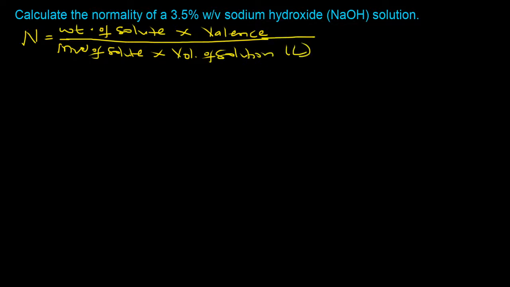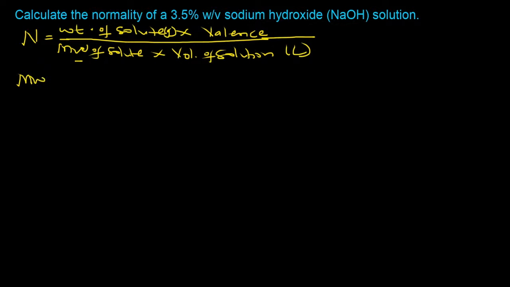Now notice that the weight of solute is in grams and the volume of the solution is in liters. So from the equation, we need information on molecular weight and valence. So let's go ahead and address those.